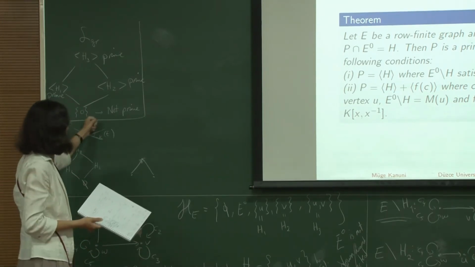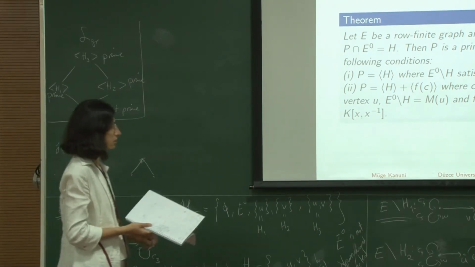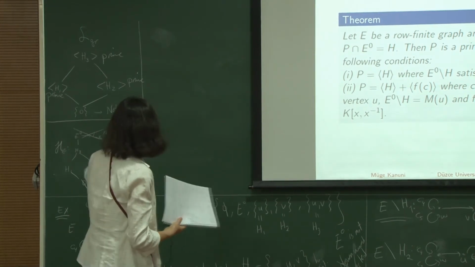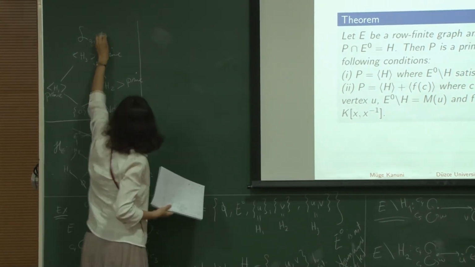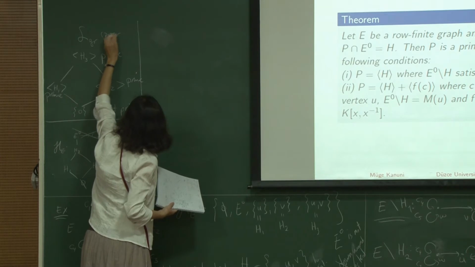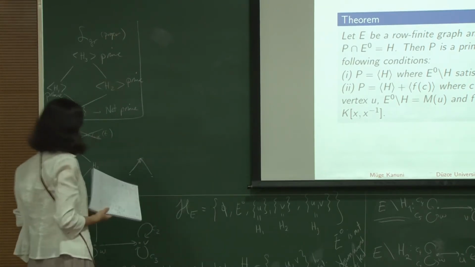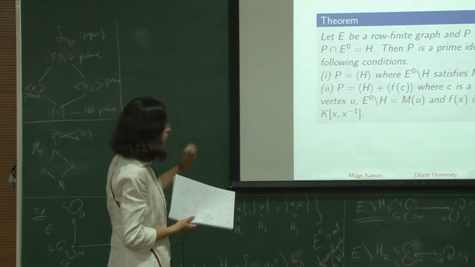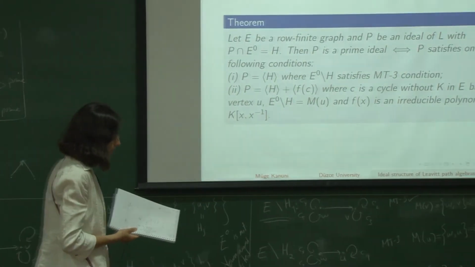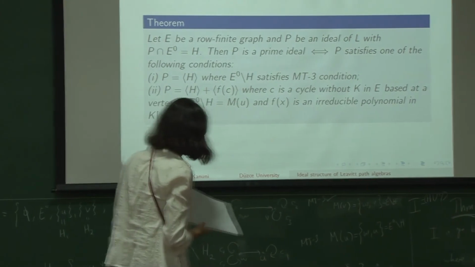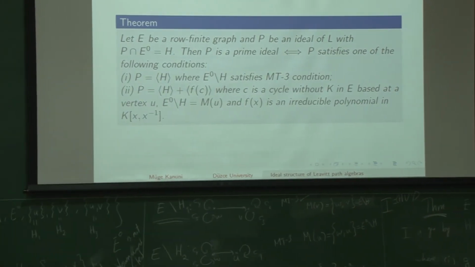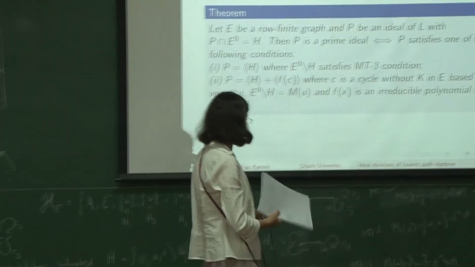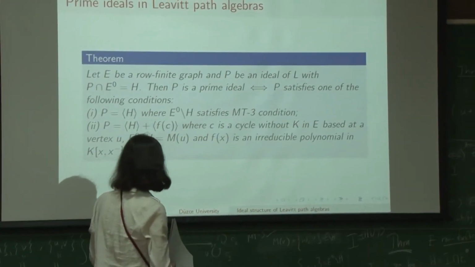Okay, I have one not prime graded ideal among the proper ideals. I move on to the non-graded ideals. Realize that I have non-graded prime ideals.